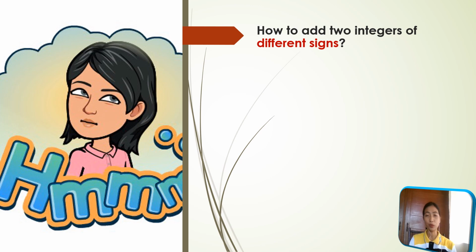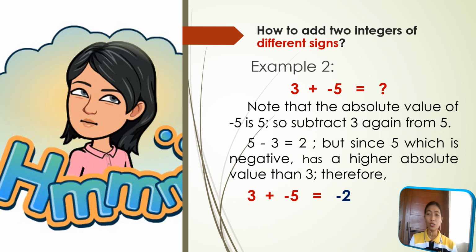Another example on adding two integers of different signs. Example number 2. We have 3 plus negative 5. You see, this time 3 is positive, 5 is negative. Okay? So note again that the absolute value of negative 5 is 5.